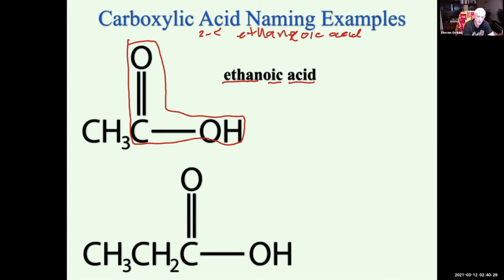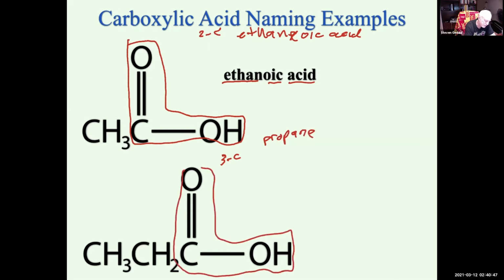Okay. Another one. How many carbons on this one? 3 carbons, right? 3 carbons is propane. And it's got a COOH group, carboxylic acid.